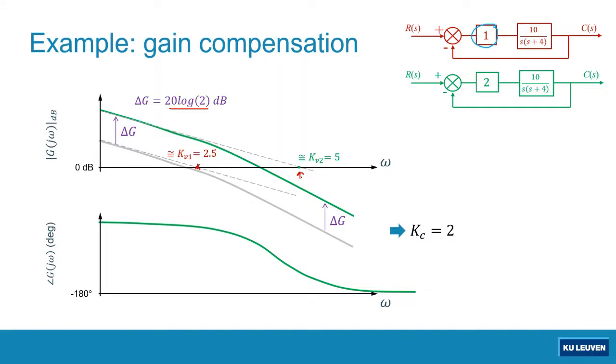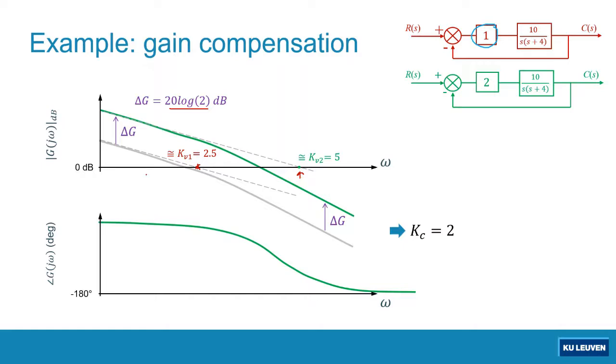The phase plot remains the same. I can improve the steady state performance in terms of static velocity error constant from 2.5 to 5 without changing the phase plot. But what does it mean? It also has a different meaning here.